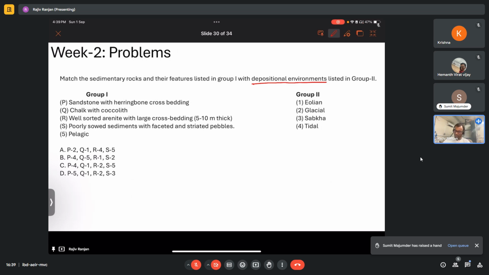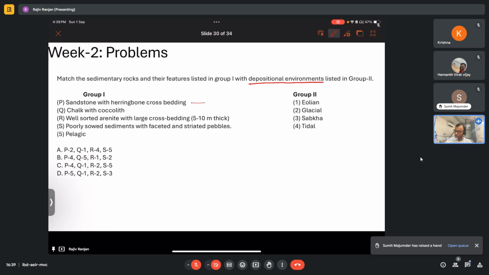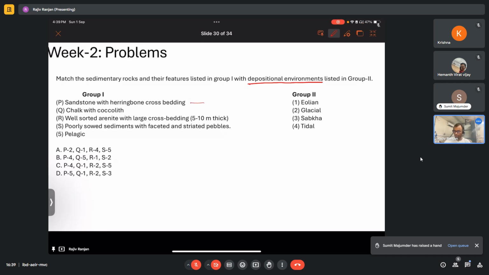Sandstone with herringbone cross beddings, we know what it is, tidal. Chalk with coccolith.